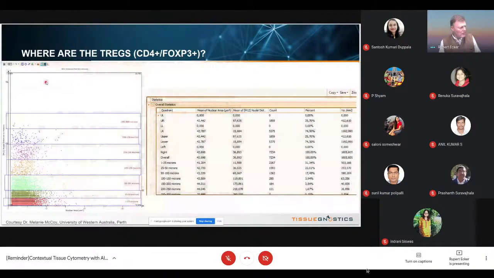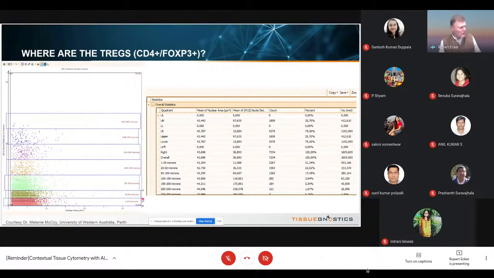We see here a scattergram in which CD4 was used as an input gate. On the x-axis, we have the size of the nuclei, and on the y-axis, the distance in micrometer from the next tumor area. So each dot that you see here represents a CD4 positive cell. And the gate, or the position on the y-axis, indicates the distance in micrometer from the next tumor region.